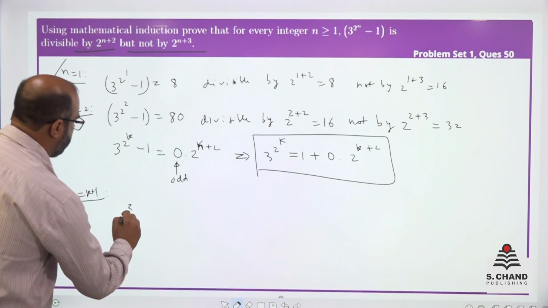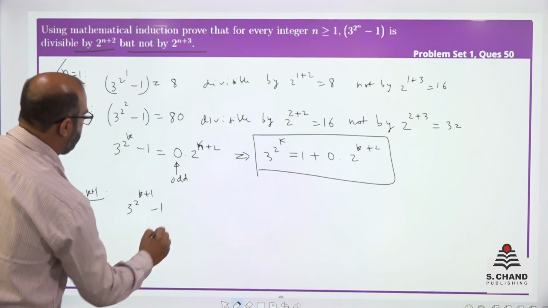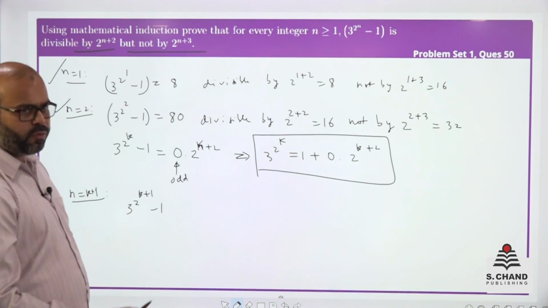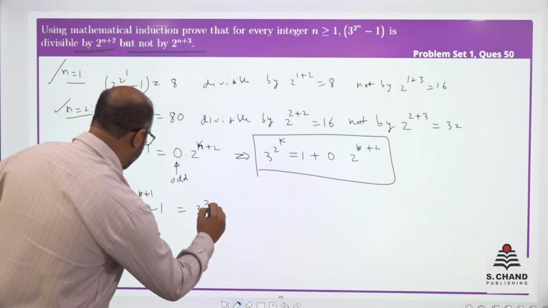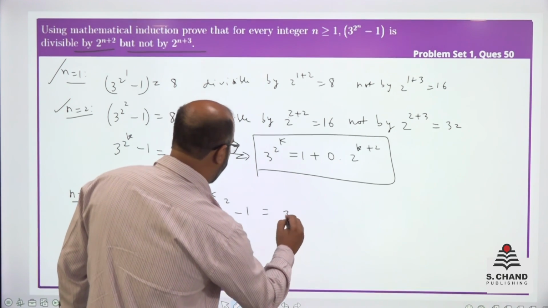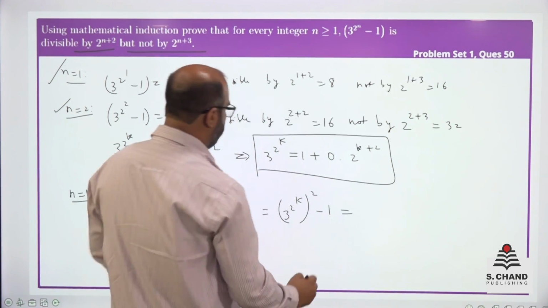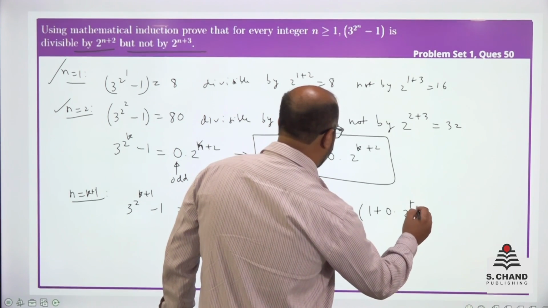3 to the power 2 to the power k plus 1 minus 1. So now this we have to prove. So we can write it like this: 3 to the power 2 to the power k into 2 minus 1, or 3 to the power 2 to the power k, square, minus 1. Now this is given as 1 plus odd multiple of 2 to the power k plus 2.